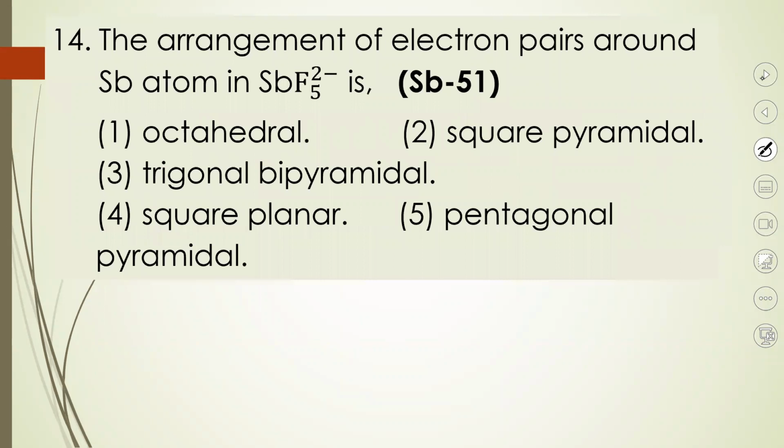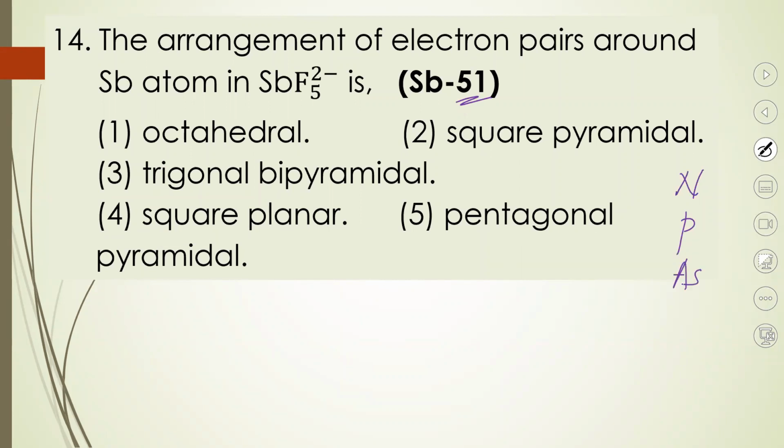Now, the 14th one: the arrangement of electron pairs around the Sb atom, atomic number is provided. Actually, you have to familiarize yourself. Sometimes they will provide the periodic table, you don't need to worry.